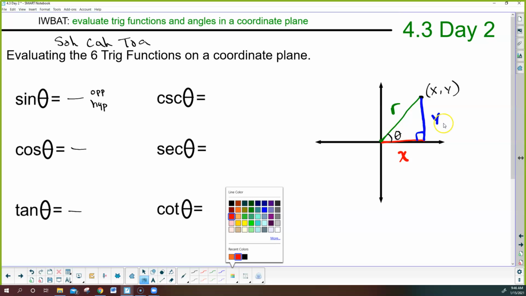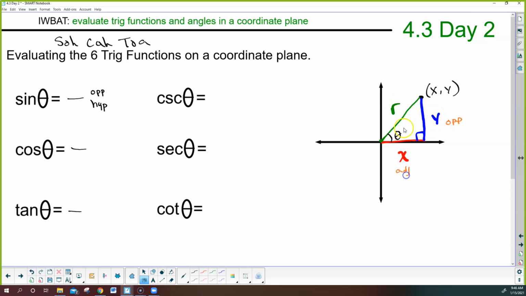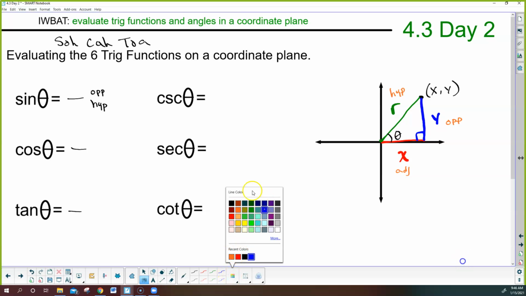It's right here. Opposite of theta. And then adjacent to theta is x, and the hypotenuse is r. All right, so if I can color coordinate this, opposite was the y value. Hypotenuse is just the r value.